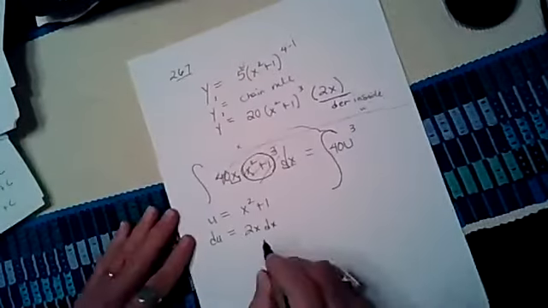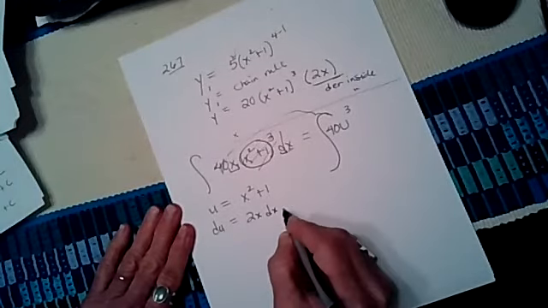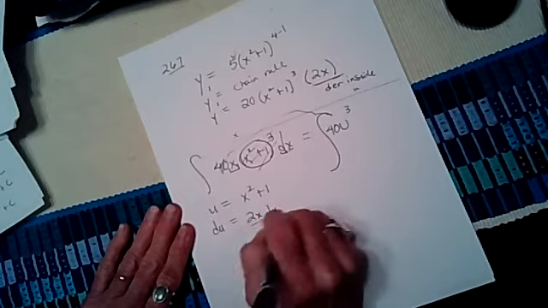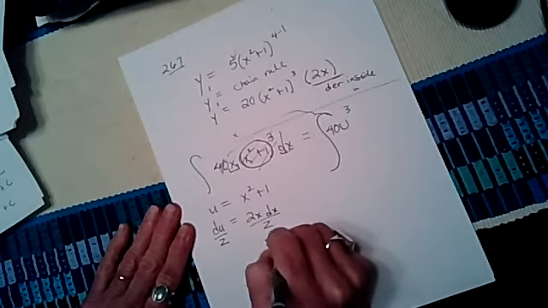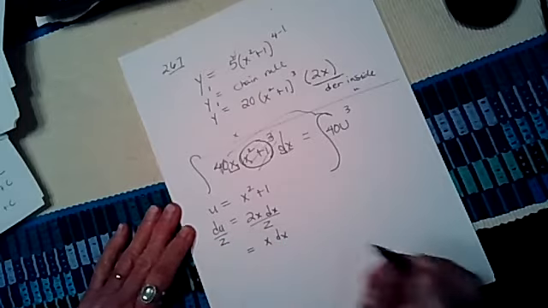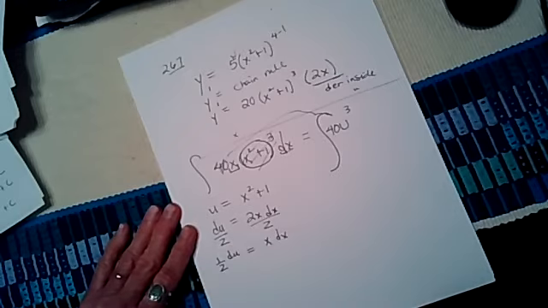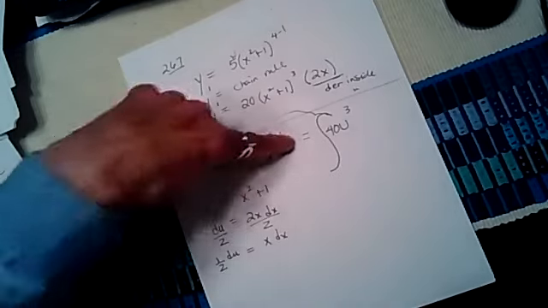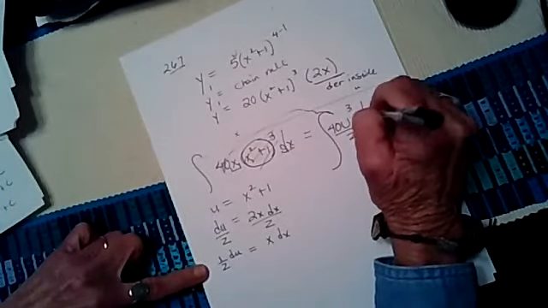So I look at my derivative, and I have 2x dx. I just need x dx, so we divide by 2. So x dx is equal to 1/2 du, or du over 2. I like to write it as 1/2 du. Now x dx is just 1/2 du, and I've done it.